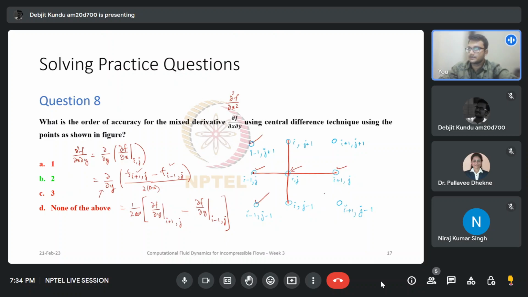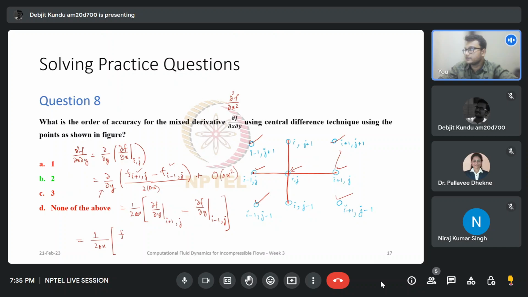So similarly, for doing this one, I'll use this point and this point. So I have a 2 delta x already here. And okay, remember doing this central difference scheme, we have order of accuracy delta x squared. And similarly, we will take a central difference here also.